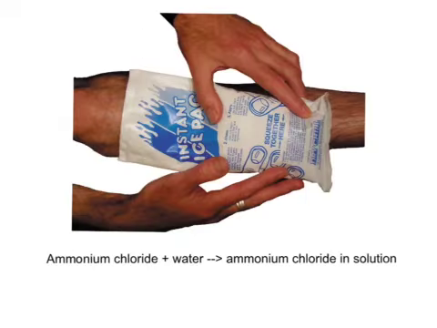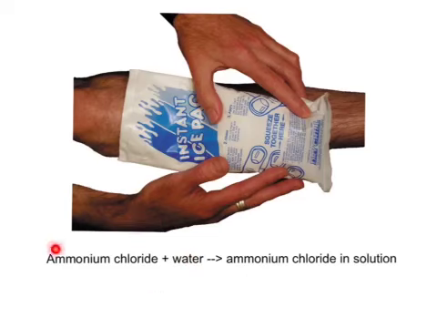Endothermic reaction: ice pack. Inside the ice pack there is ammonium chloride and there's water. You squeeze these together, it breaks the seal, and then the ammonium chloride and the water mix, and you get ammonium chloride in solution, and that actually requires heat, this reaction.